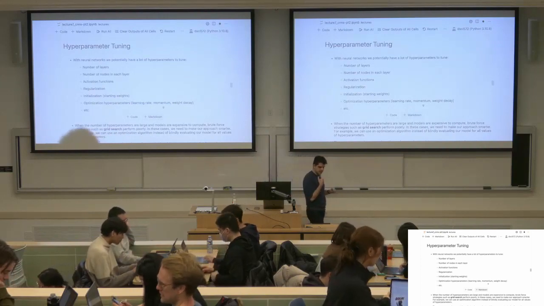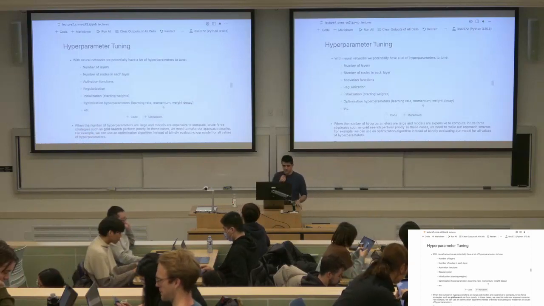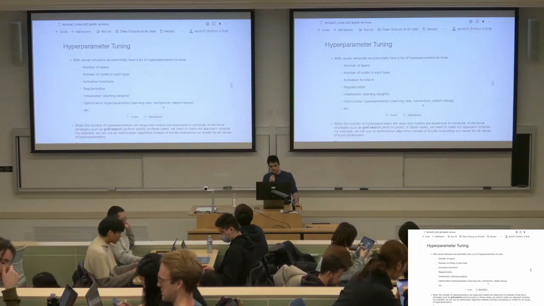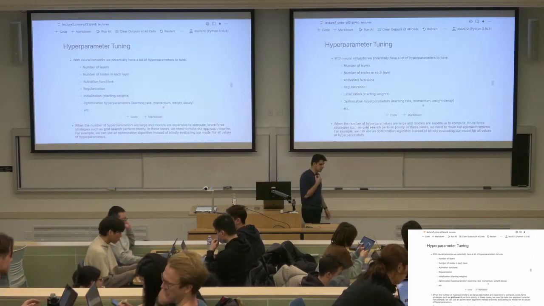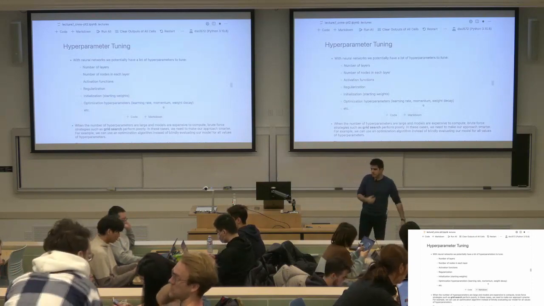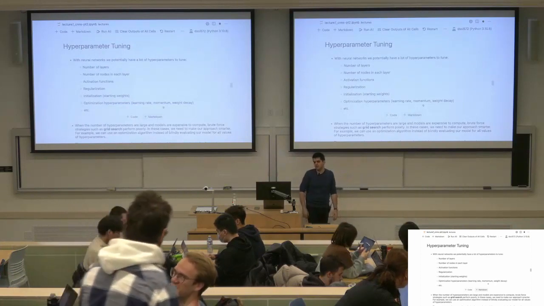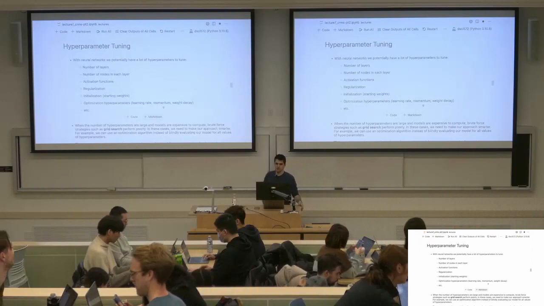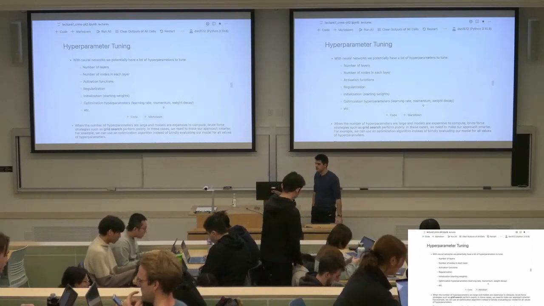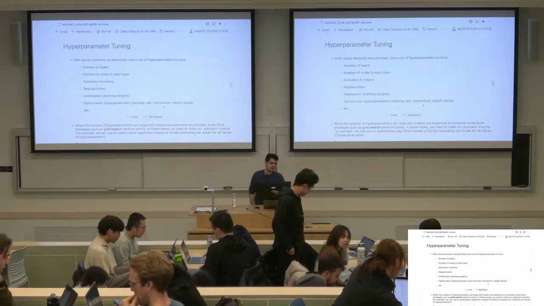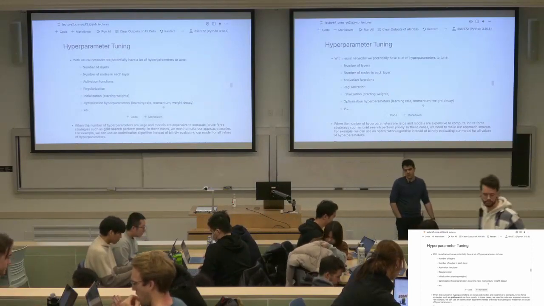Okay, so let's discuss hyperparameter tuning for a little bit. So far in the lecture, whenever you have asked me how you can decide about different hyperparameters in the model, like the learning rate, the number of nodes, number of layers, initializations, I've always told you that you have to do experiments with your model.